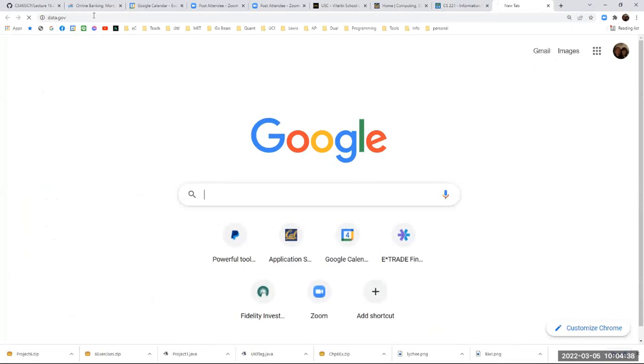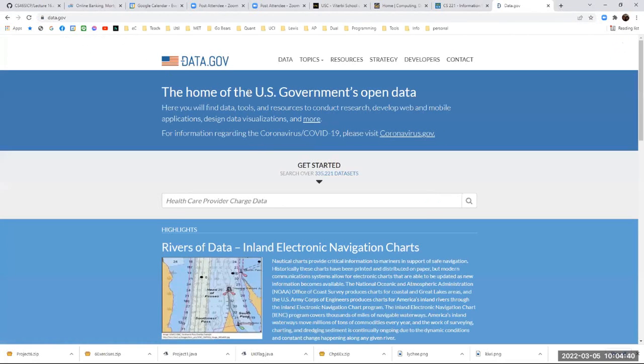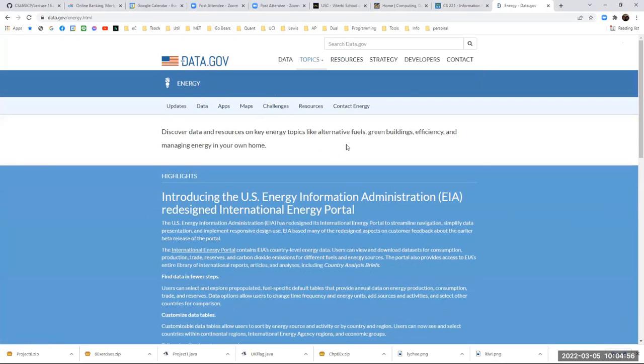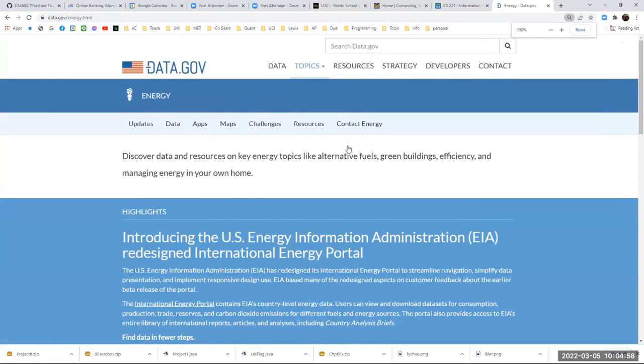There's a website called data.gov. It's the government site for data. Here you can find out the topic. Assume we are interested in energy.